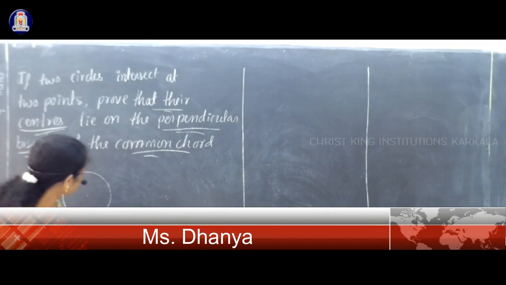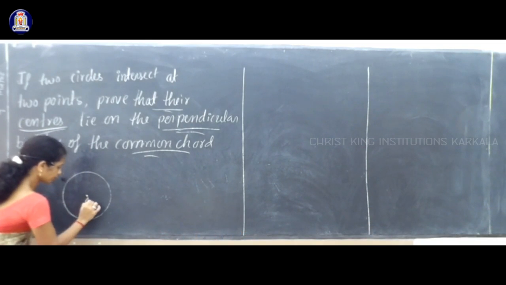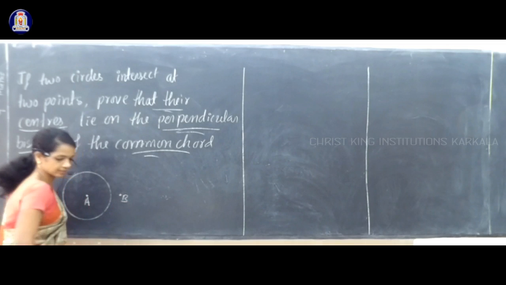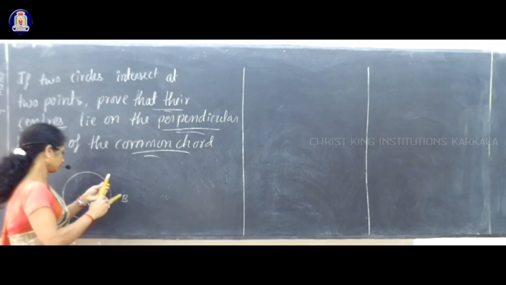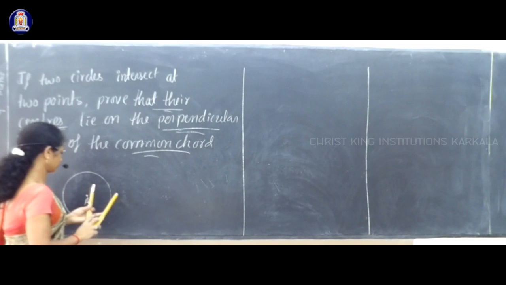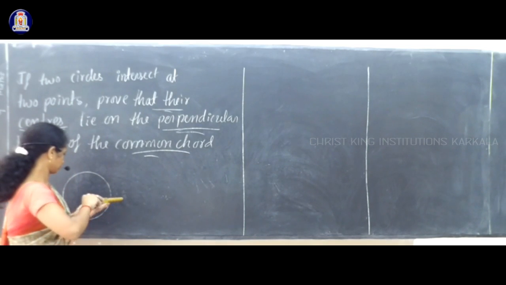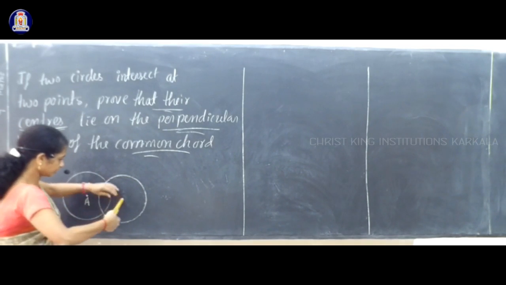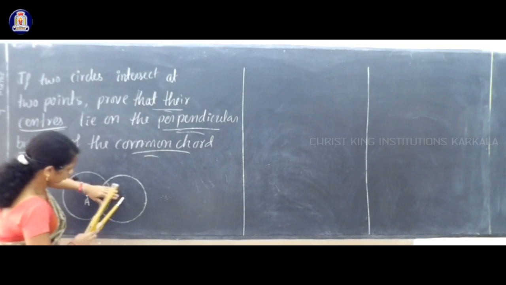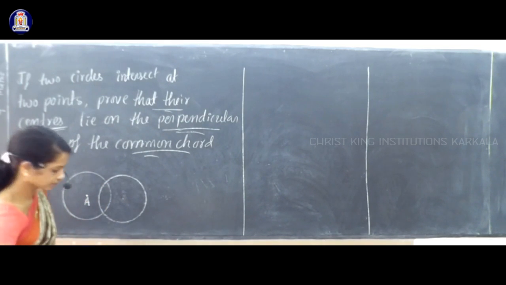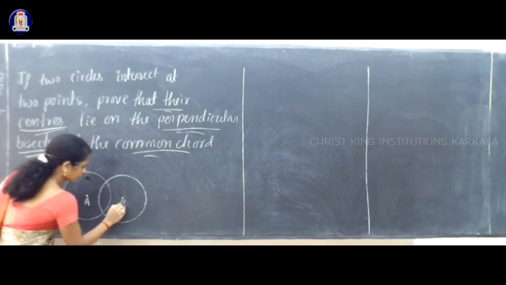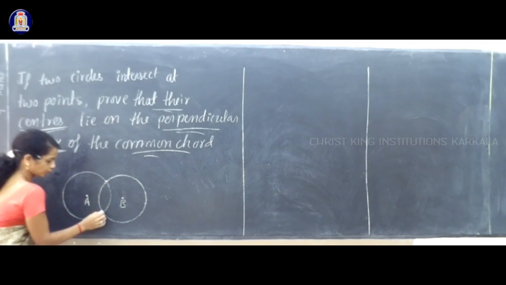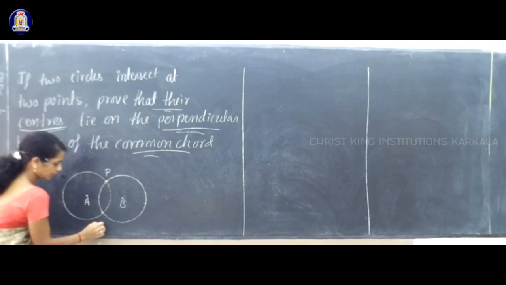I'll take the center of the first circle as A, and take another circle such that it intersects the previous circle at two points, and take the center of the second circle as B. Here you can see these two circles with centers A and B are intersecting at two points. Those two points we take as P and Q.